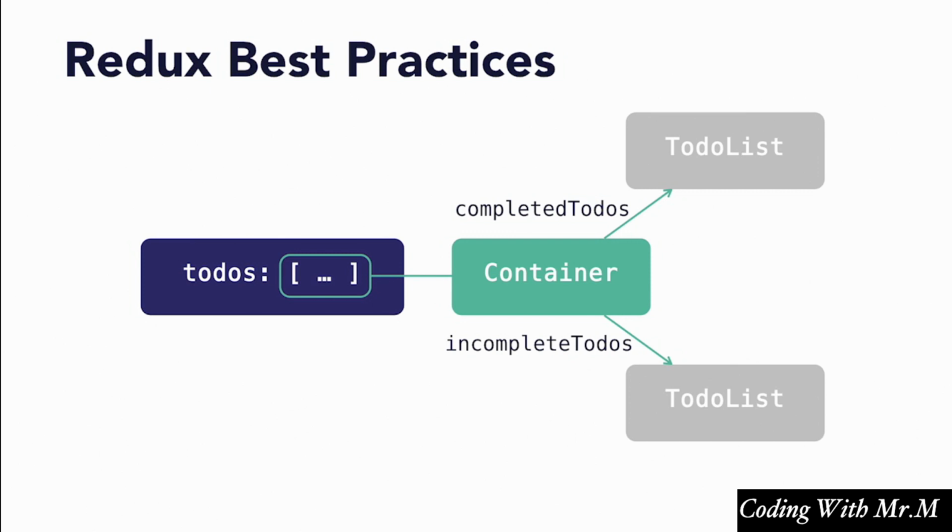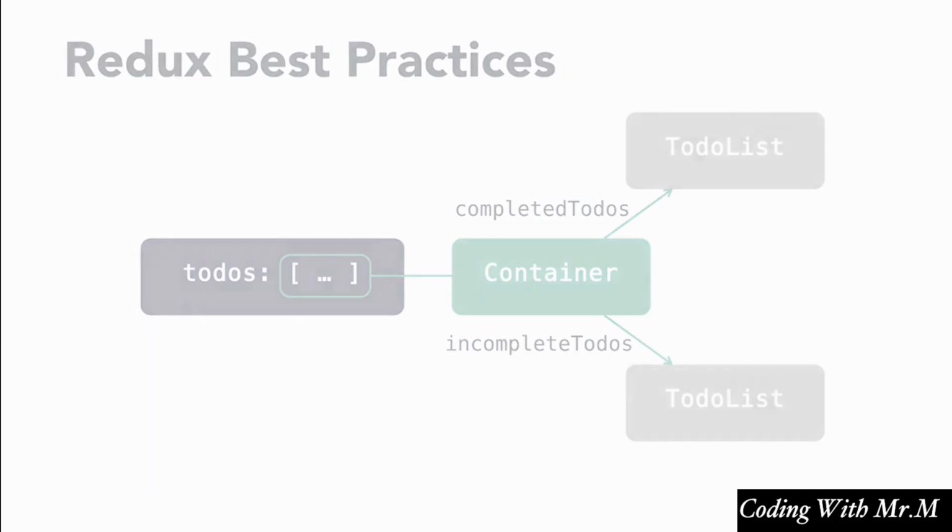All of the completed to-dos for one, and all of the incomplete to-dos for the other. So, in other words, we should avoid connecting components to the store if we plan on reusing them throughout our app with different data. Instead, we should have some kind of parent component that's connected to the store and passes the correct data to these reusable components.